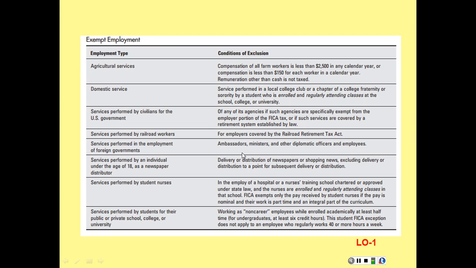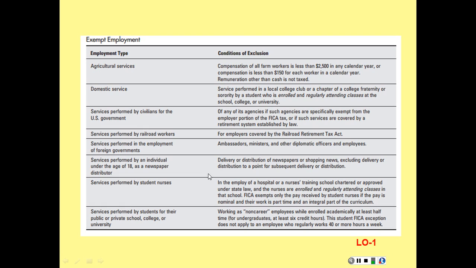We have other things here. Performed in the employment of foreign governments. There are cases there where there's exemptions. Newspaper carriers. We saw this under child labor, where they get to be exempt for a lot of the child labor laws. Delivering newspapers, you're under the age of 18, special treatment, exempt from Social Security.